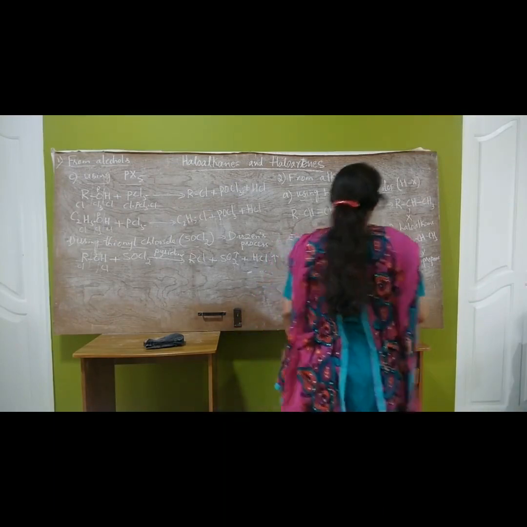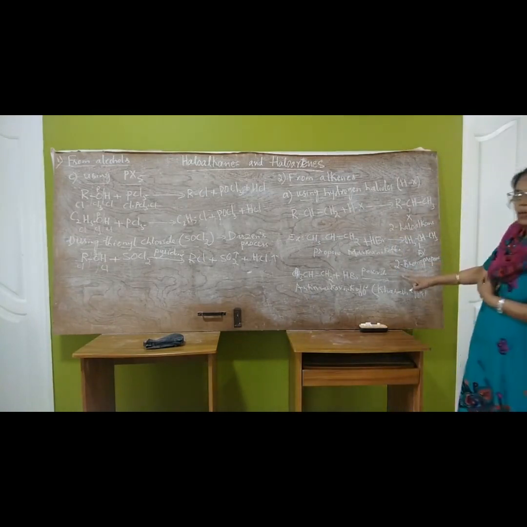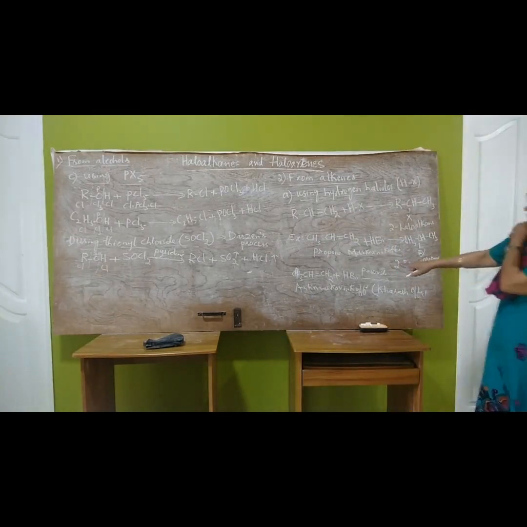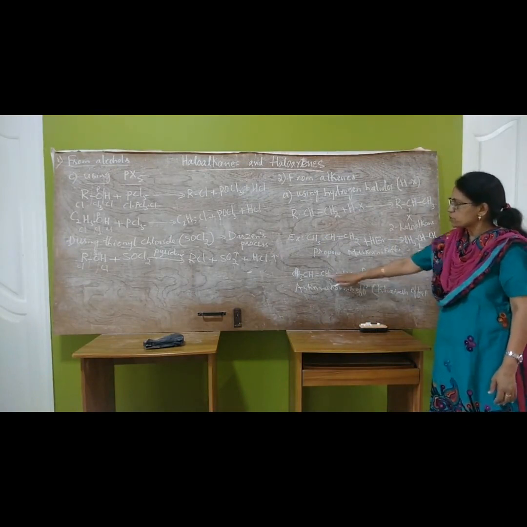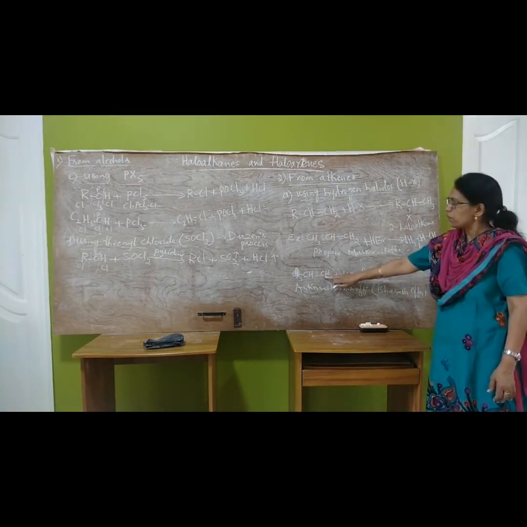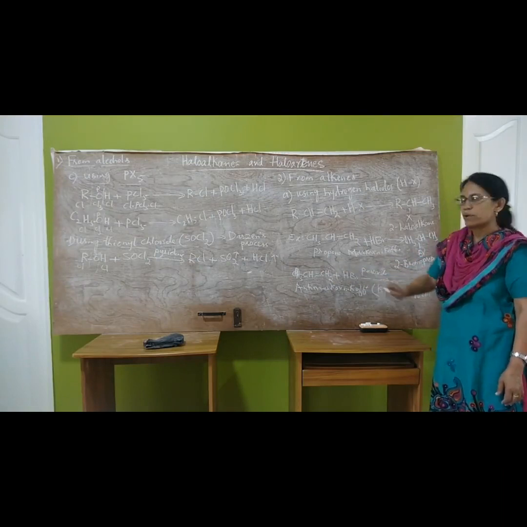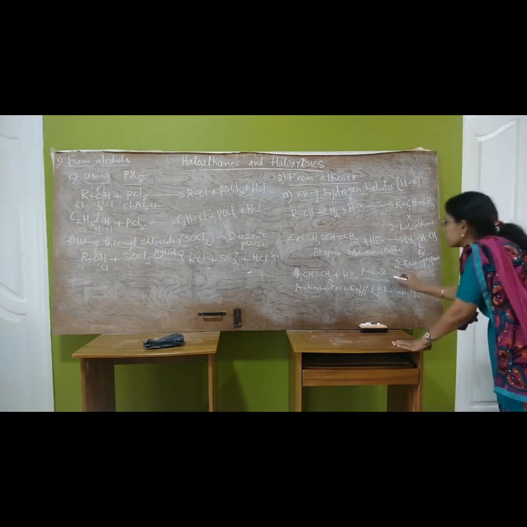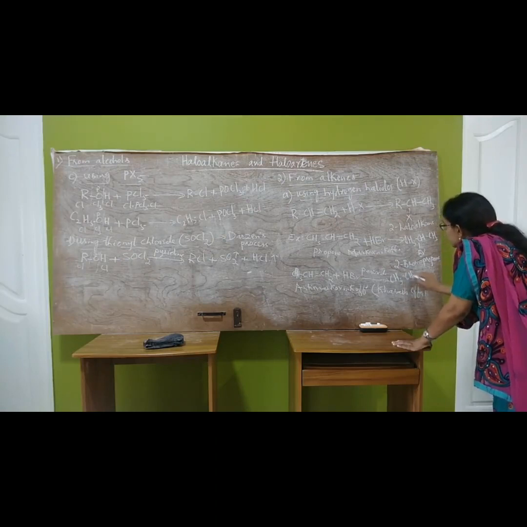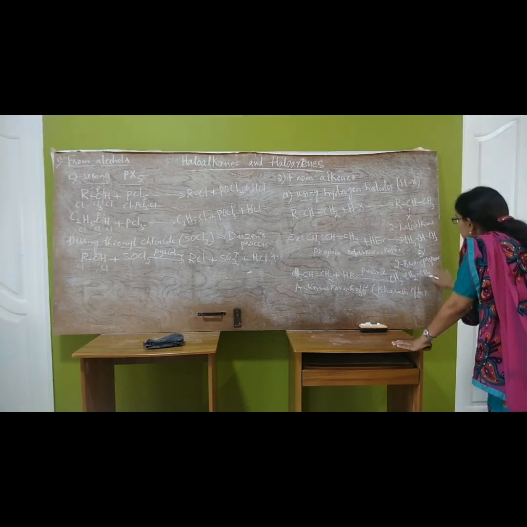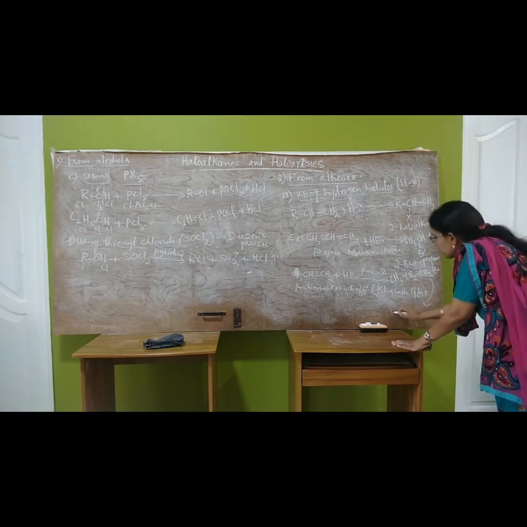So here the product will be 1-bromopropane. Here Br attaches to the carbon atom of the double bond containing more number of hydrogen atoms. So the product will be CH3CH2CH2Br. That is 1-bromopropane.